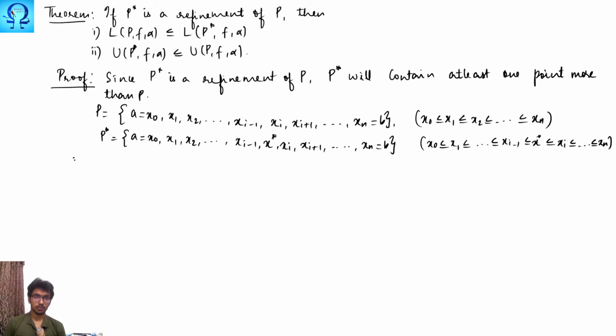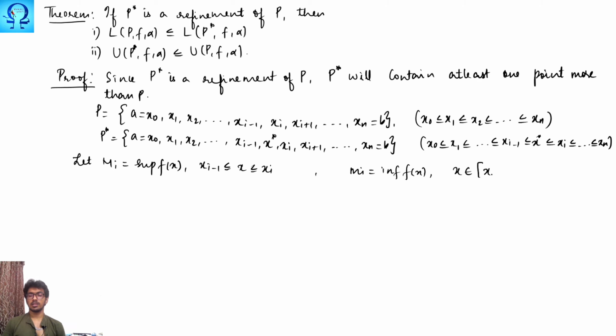Now let me denote by big Mi the supremum of f of x on the interval, and small mi the infimum of f of x for the same case. I think this is the convenient way of writing things.